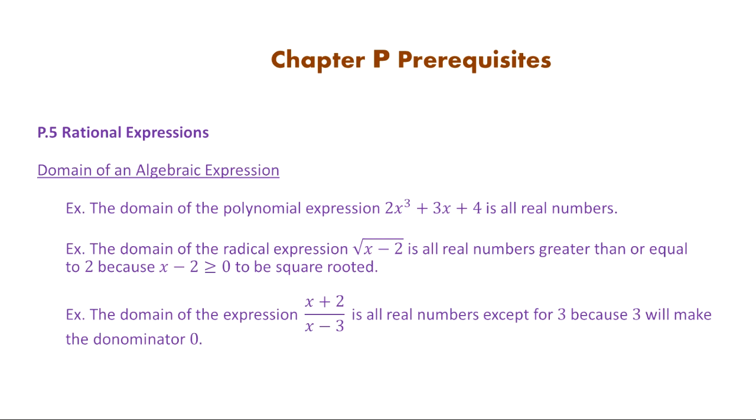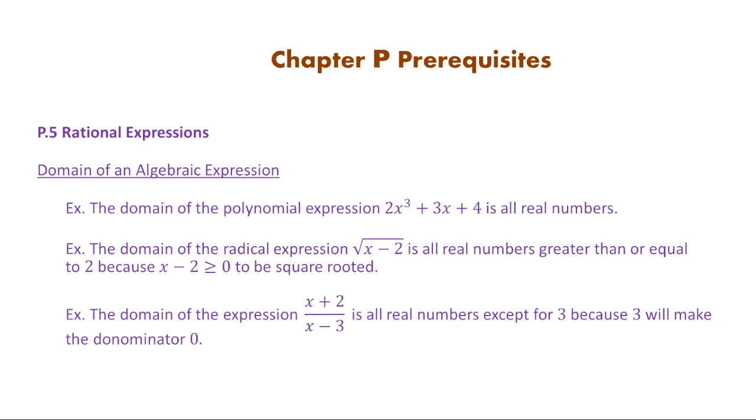So for example, the domain of the polynomial 2x cubed plus 3x plus 4 is all real numbers. Some people I heard say that the domain is x. That is not right. You have to tell exactly what numbers are in the domain for any specific algebraic expression.